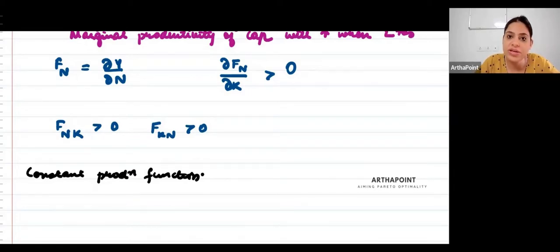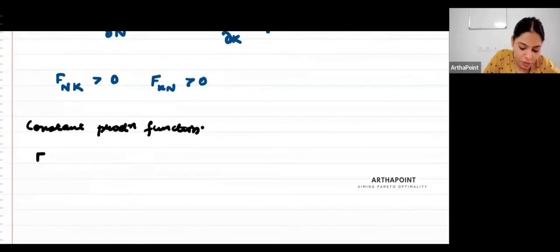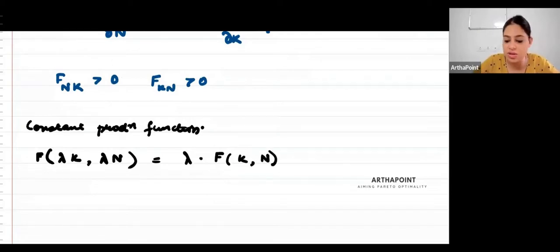And zero profit combines with a perfectly competitive market. So we will assume a CRS production function, and we will say that F of lambda K, lambda N is nothing but lambda times F of K, N. This is constant returns to scale, CRS.